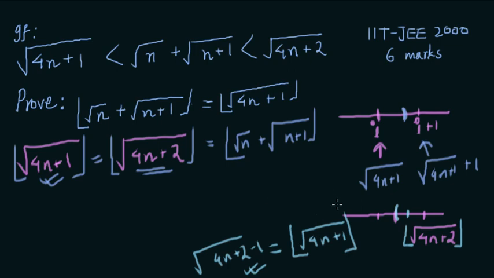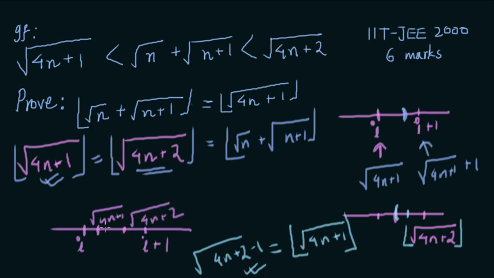Let me draw the number line one more time. If none of them are integers, then this is root over 4n plus 1. If this is any integer I and this is the integer I plus 1, then I am claiming that root over 4n plus 2 will also live here. Why?